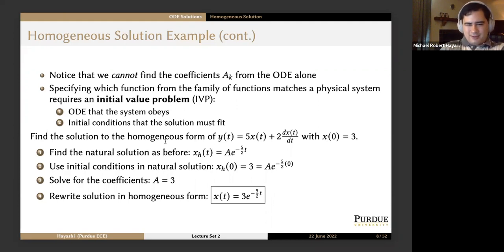If we use the shortcuts, 3 steps to get x sub h of t is equal to a e to the negative 5 halves t. Plug in our initial conditions. At time equals 0, xh of 0 must be equal to 3, because we're finding a solution to a homogeneous form. And then equals a e to the negative 5 halves times 0.